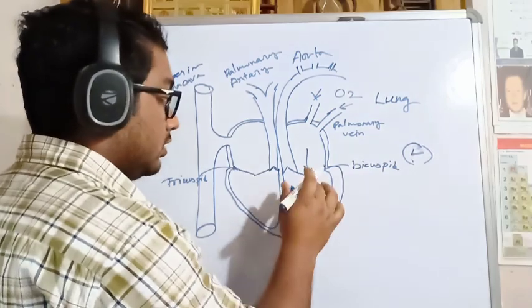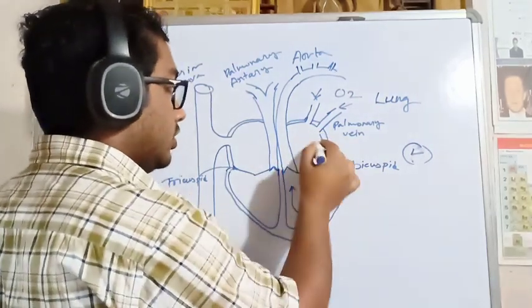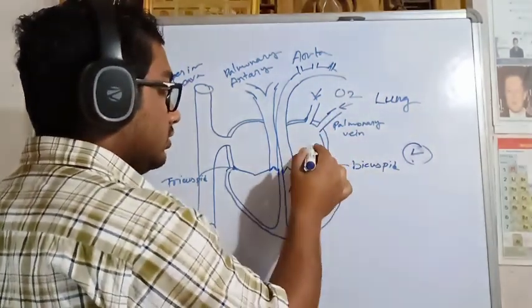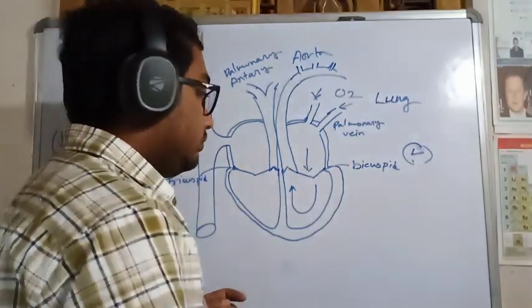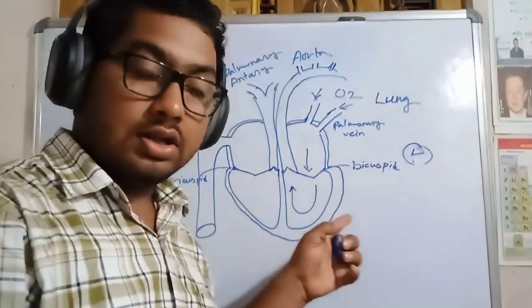When the oxygenated blood comes here and it is full, then it comes into the left ventricle.